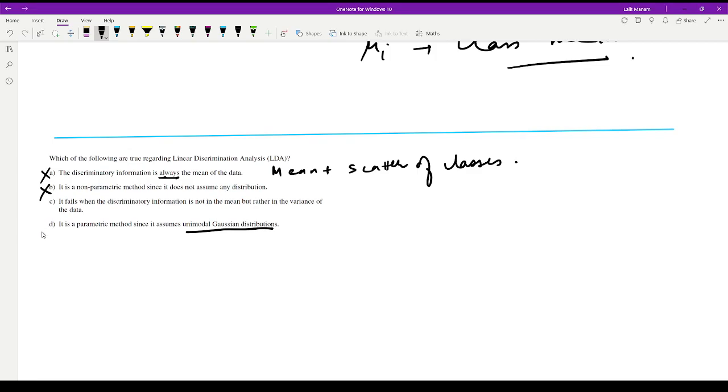So B is false and D is true. And the next one: it fails when the discriminatory information is not the mean, but rather the variance of the data. Is it right? Do you need an example?